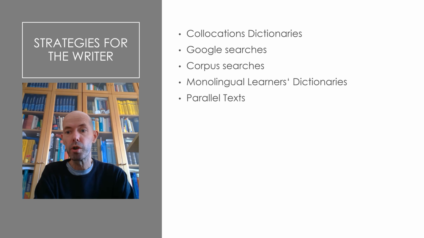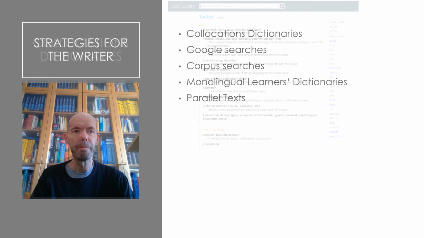You can search corpora for particular word combinations. That is, you can look at very large collections of text, electronically held, machine-held collections of text available on the web. You can look at traditional learners' dictionaries, of course. And you can look at parallel texts. We'll see what that means in a minute.